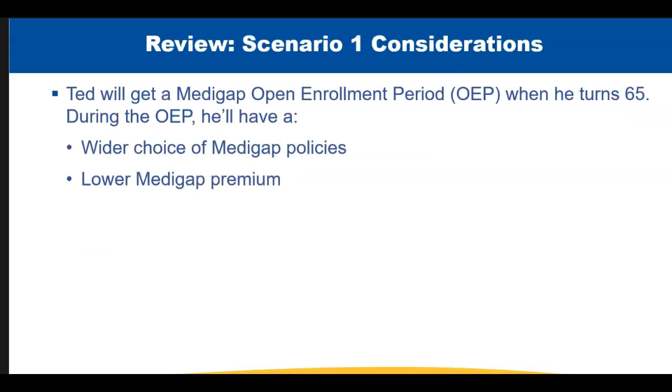He's going to have a Medigap open enrollment period because he has met the second of those two conditions. He has turned 65. So in that time, he will probably be able to lower his Medigap premium because he's not going to have underwriting. He's going to be able to have a wider choice in Medigap policies. Sometimes when a state does allow selling Medigap policies to people under 65, it's only a few kinds of policies that can be sold. So he can move into possibly a plan that will cost him less and do better for him.